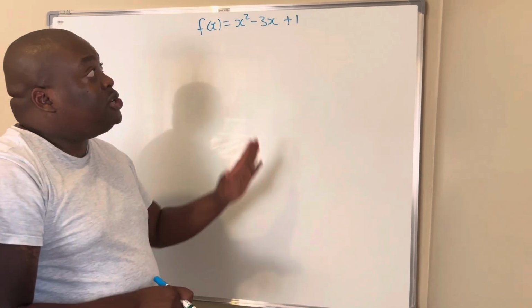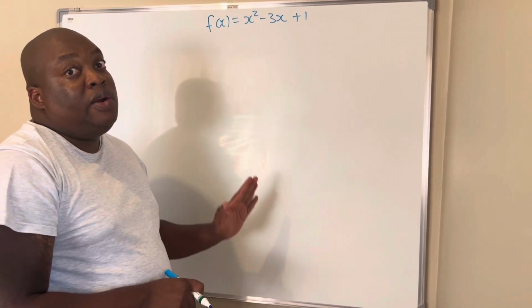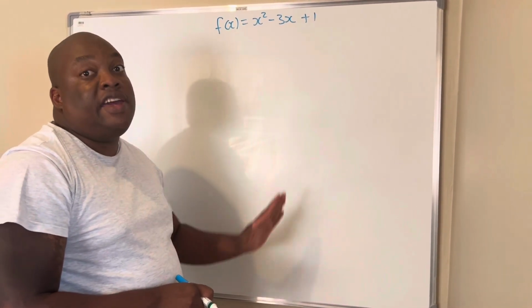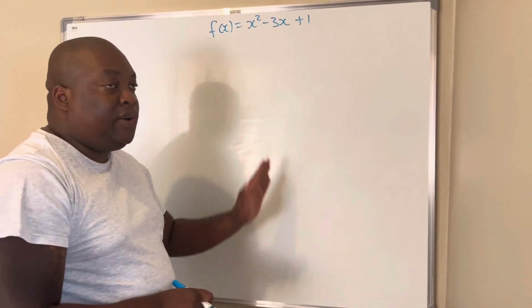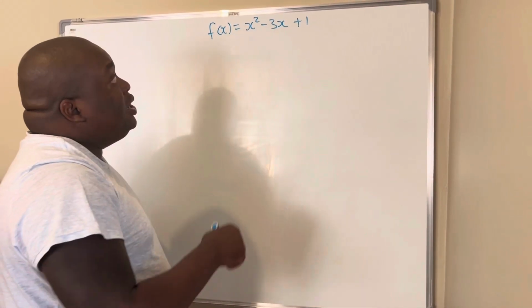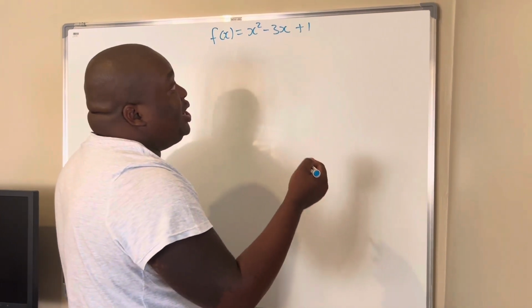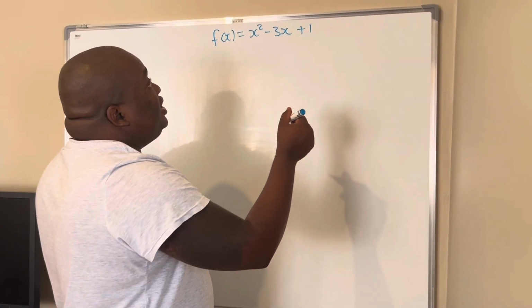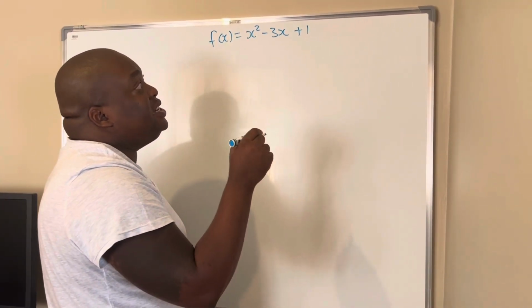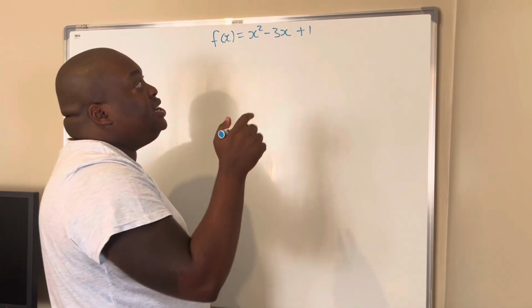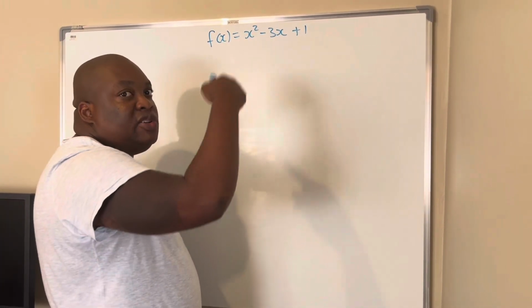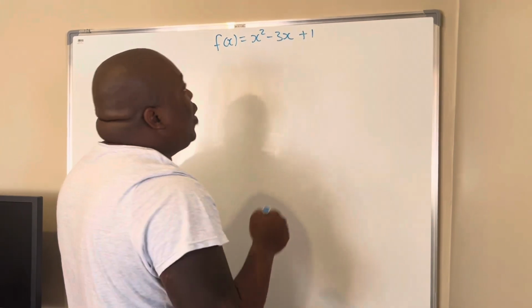And I'm also going to show you an alternative way which you can use to verify if your answer is correct or not. Remember, in our previous episode we covered that the derivative of a function is: you bring down the exponent and then subtract the exponent by 1.